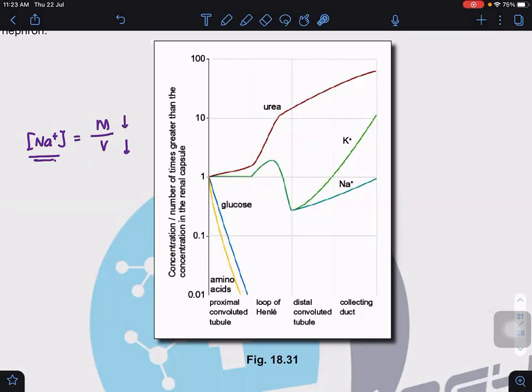Then how about why it forms a loop here? Because we know that the loop of Henle actually has the descending and ascending limb. At the descending limb, you can see that the concentration of the sodium and potassium ions increases. Why increase here? Because water molecules are reabsorbed back. So look at the formula here.